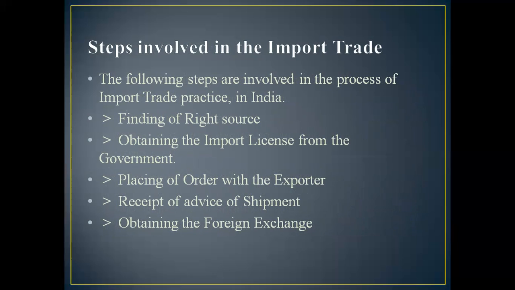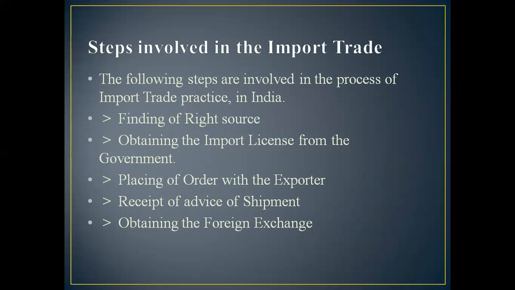Now, we will consider the various steps involved in the foreign trade. The following steps are involved in the process of import trade practice in India. First and the foremost step is finding of right source.